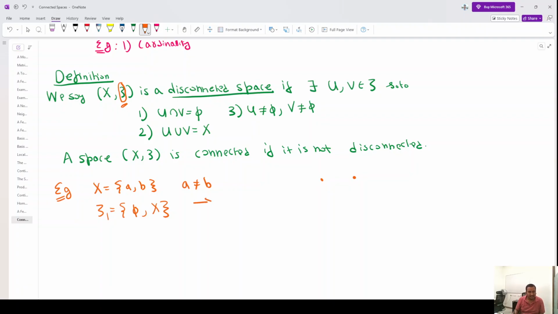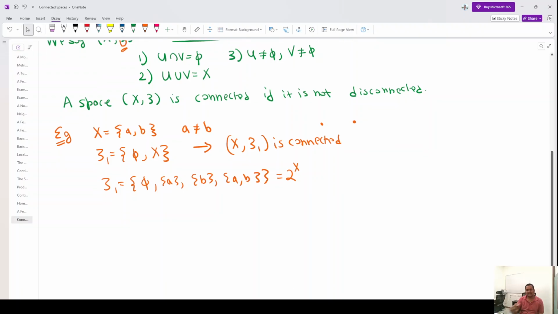No, right? So (X, tau1) is connected. You see, a very trivial and beautiful example. But if I define tau1 to be this, phi, {a}, {b}, {a, b}, you see this is just the power set of X, basically the discrete topology. Then, now, is this disconnected?